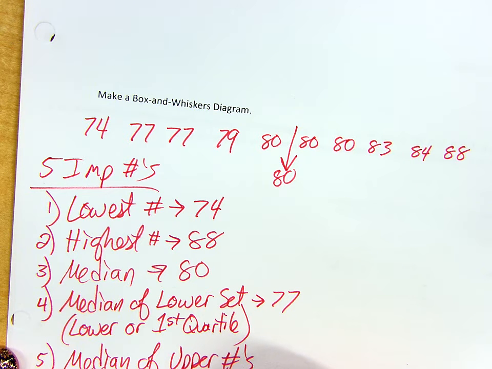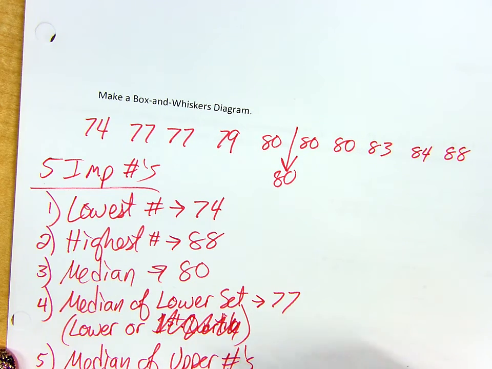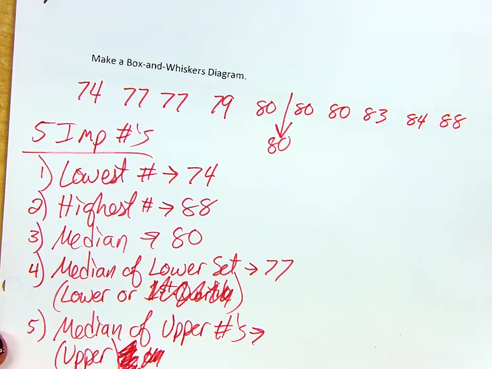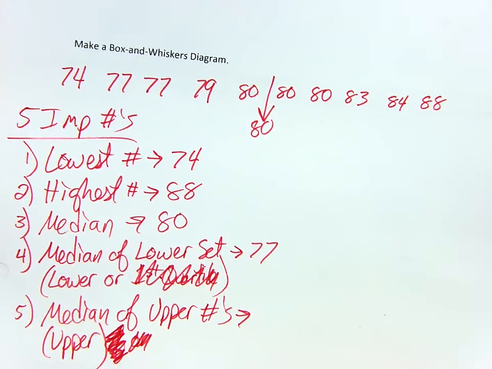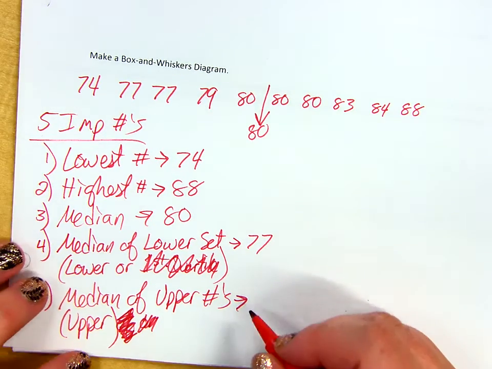Do they call it that, or do they just say upper quartile? I don't even know, 'cause now I'm not even sure about first quartile. Just call it lower and upper. So what is that in our case? What's the median of the upper set? 83.